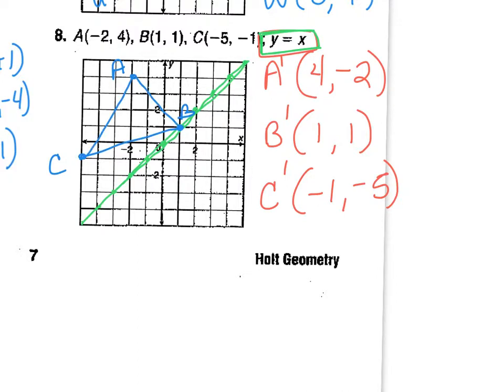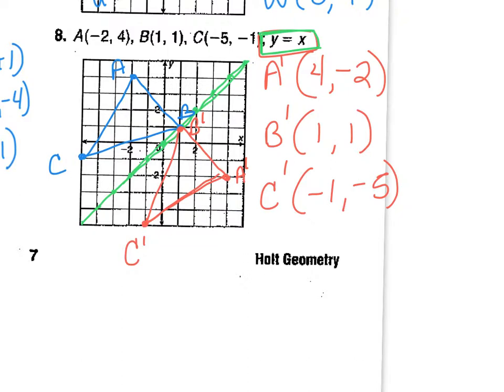And then I'm gonna plot the prime notations, which is 4, negative 2, A prime, 1, 1, it's B prime, and negative 1, negative 5, that is C prime. And then I connect the points, and that should be the line of reflection and the reflection of those points.